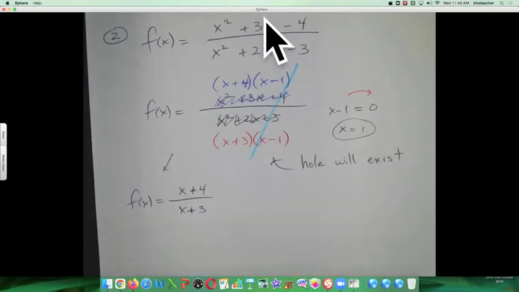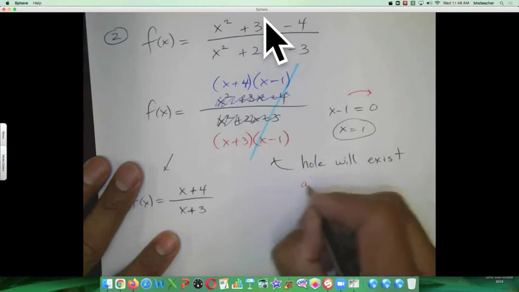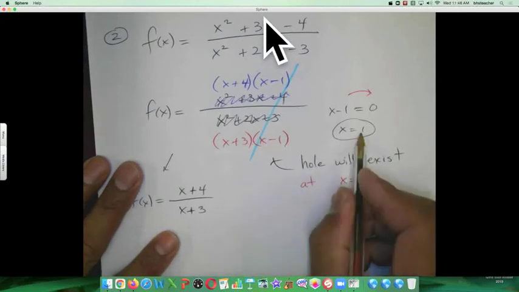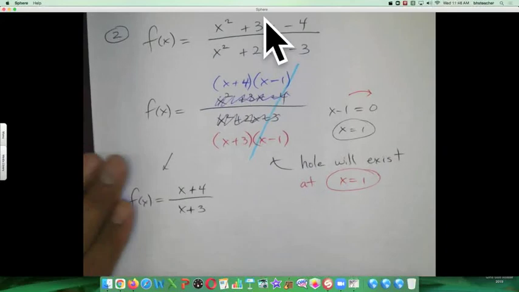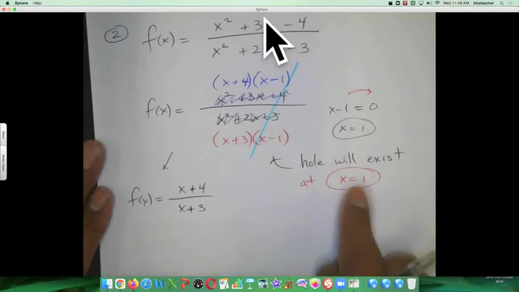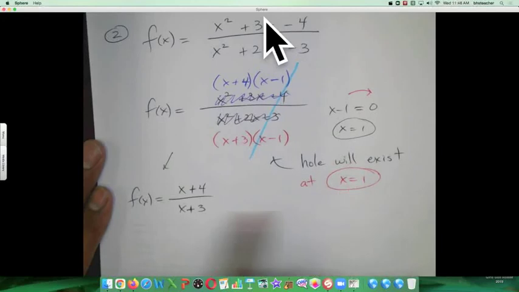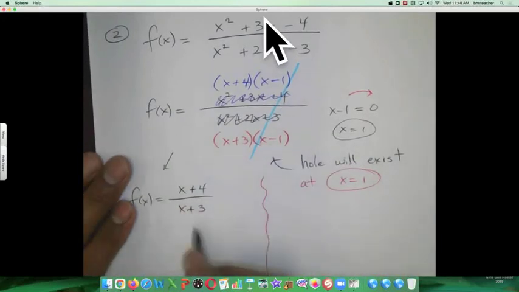And that's the value of x where the hole will exist. The hole will exist at x is equal to positive 1. Now, that's only the x coordinate. I need to substitute this into the formula to find the y coordinate.